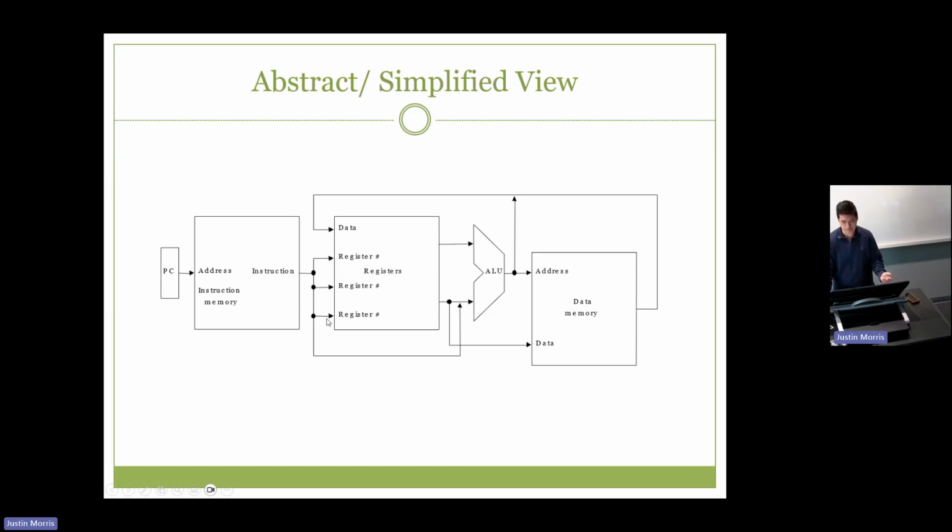If it's R type, this is the destination, this would be RD. If it's I type, the destination is RT. Okay. So we would need some sort of way to select whether this input into the register file would be RD or RT.